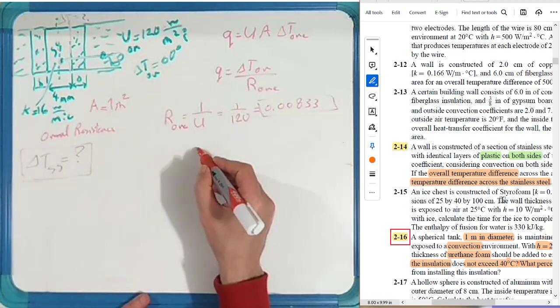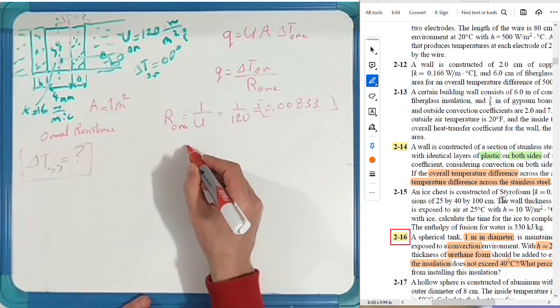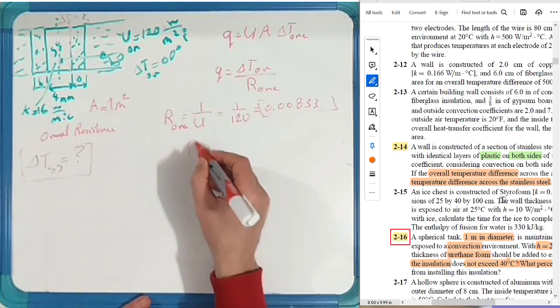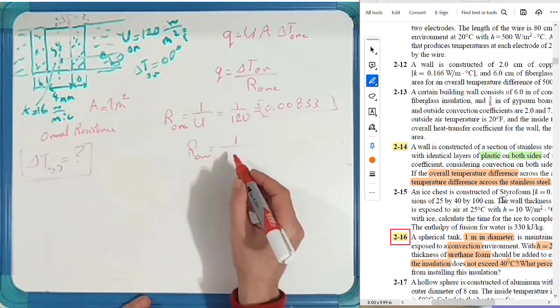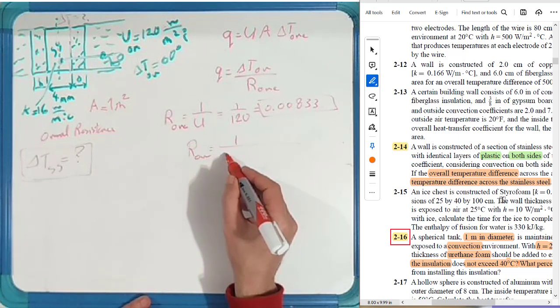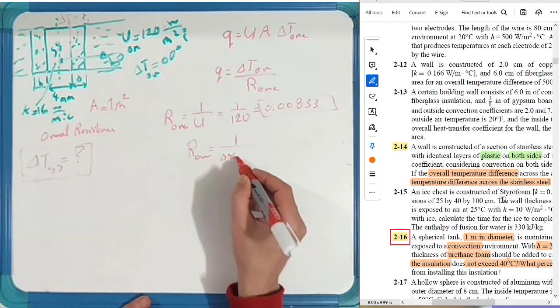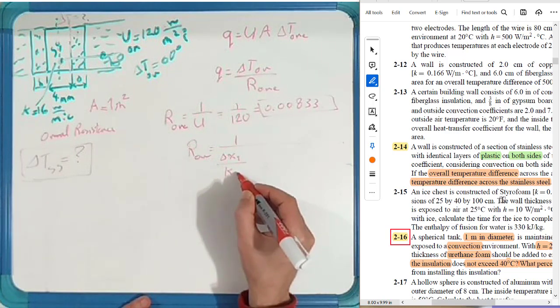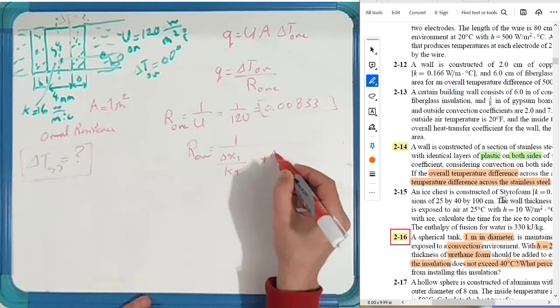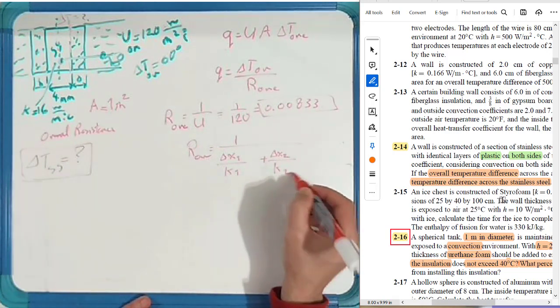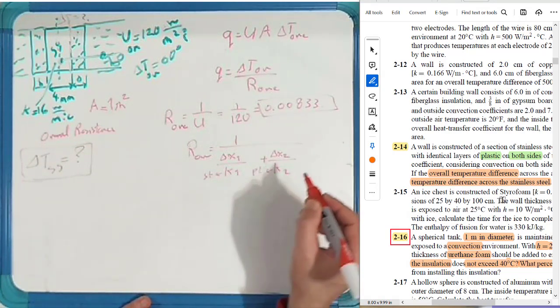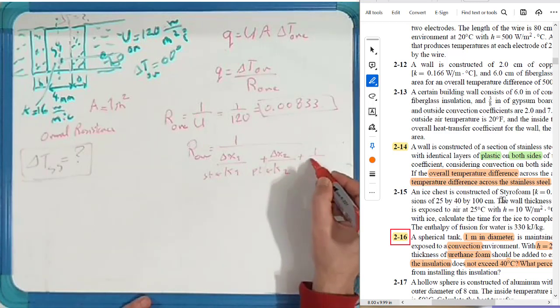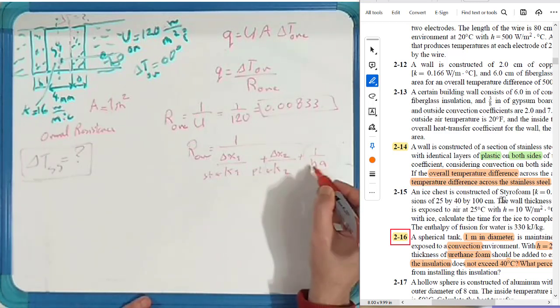I know that the overall resistance is something like this: delta X1 divided by K1, plus delta X2 divided by K2, where this is for steel and this is for plastic, plus 1 over HA, which is for our convection.